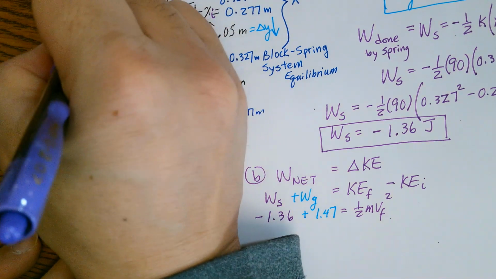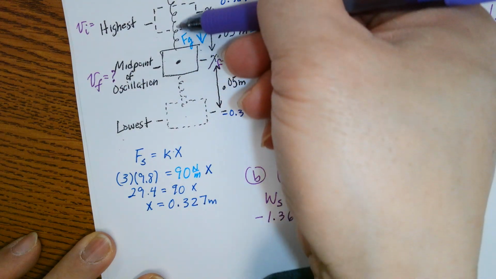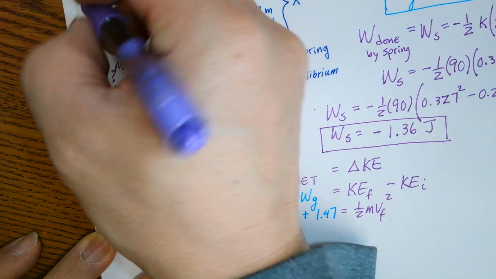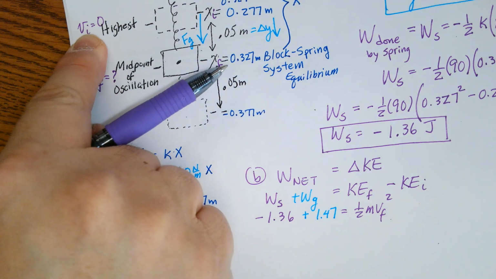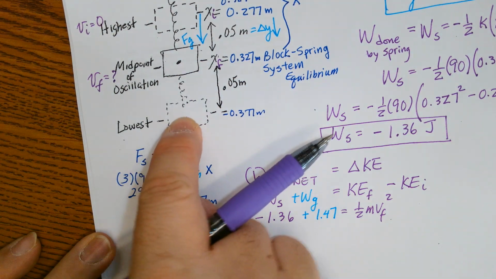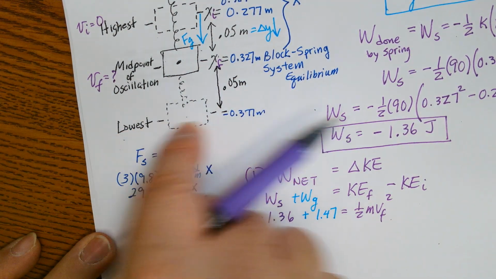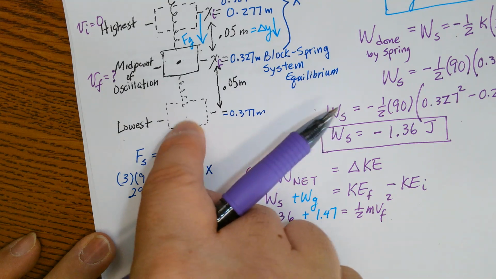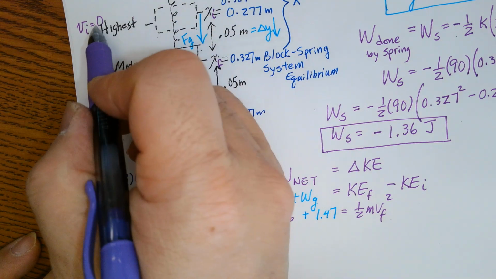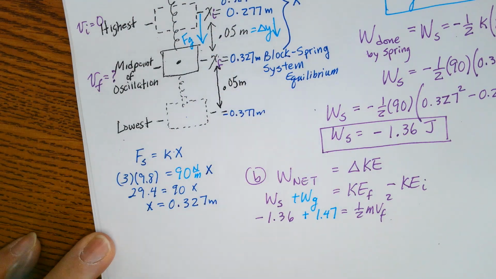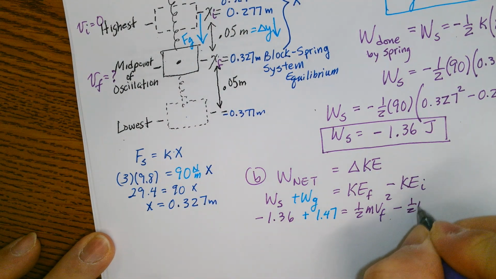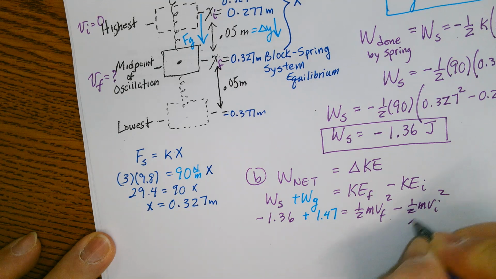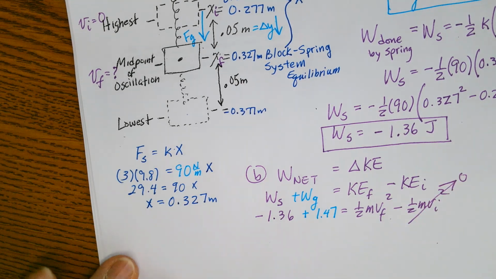Here's the initial, V initial, right? When it reaches the maximum height before it drops back down, my initial at this point is 0. And so is here, right? This velocity is 0 here as well. So the highest and the lowest point, the velocity at those 2 points is going to be 0. So here, this goes to 0.